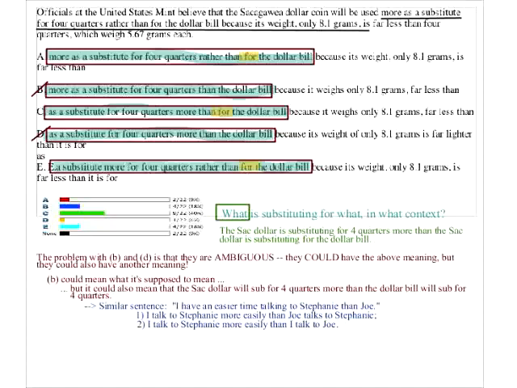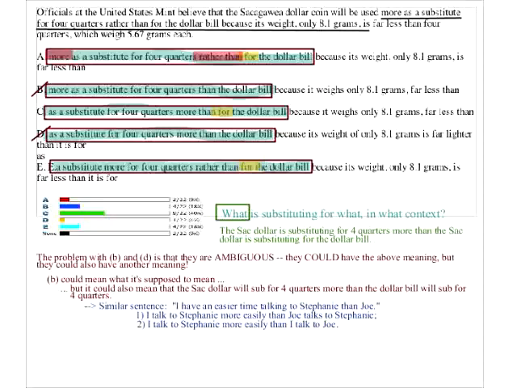Now, miscellaneous things wrong with the other ones. In A, there's a redundancy problem. More, rather than, you don't use both. So you can't put more with rather than.